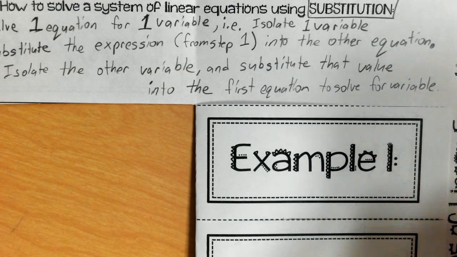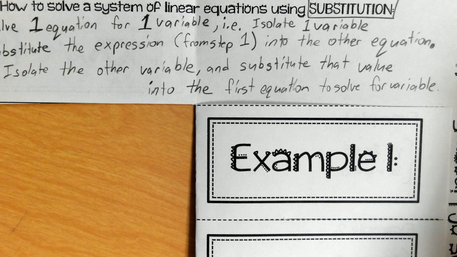You're going to isolate the other variable and then substitute that value into the first equation to solve for the variable.